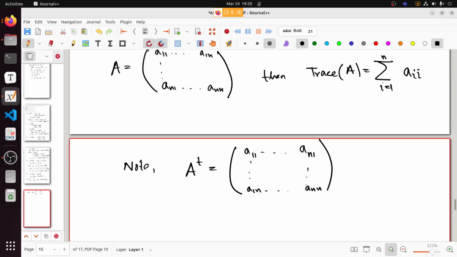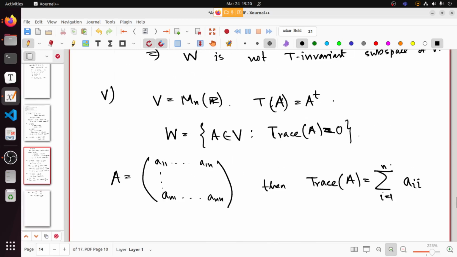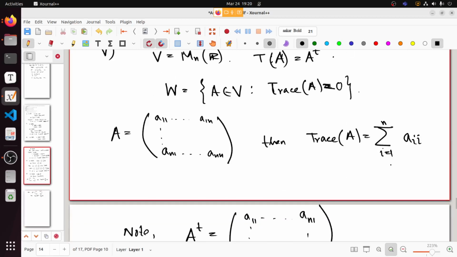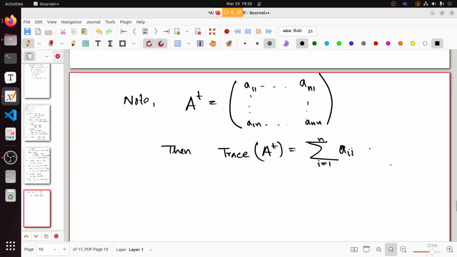They will be the same. Then the trace of A transpose is also the summation i equals 1 to n of a_ii. So if you apply the transpose, the diagonal entries are not changed, meaning the sum of the diagonal entries is not changed, so the trace will not change.